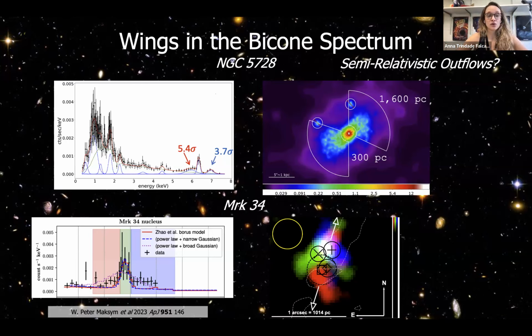We tried a mix of photoionization and thermal emission, and we couldn't. But for the blue wing, some of the models fit it as a blend of iron-25 and iron-26.